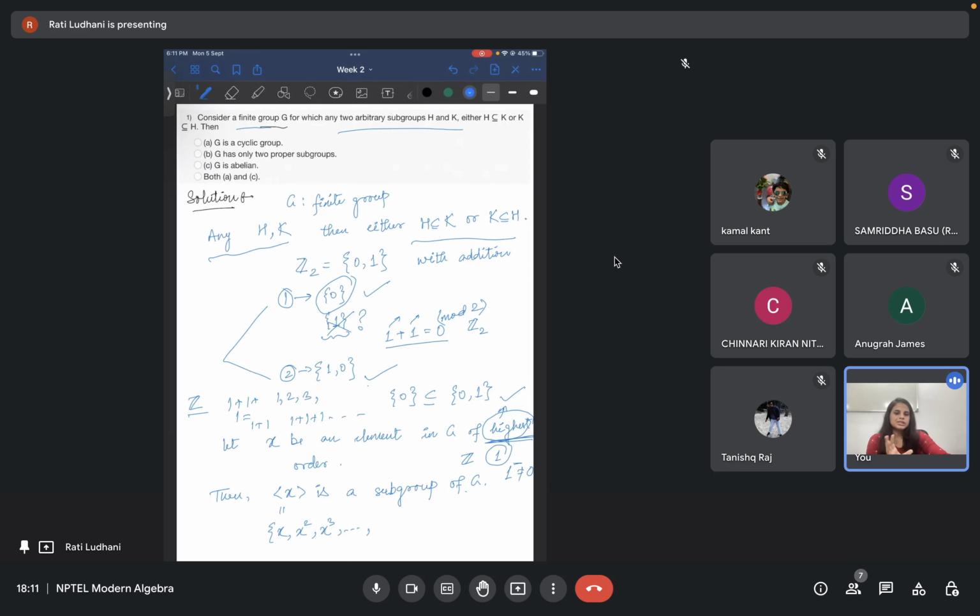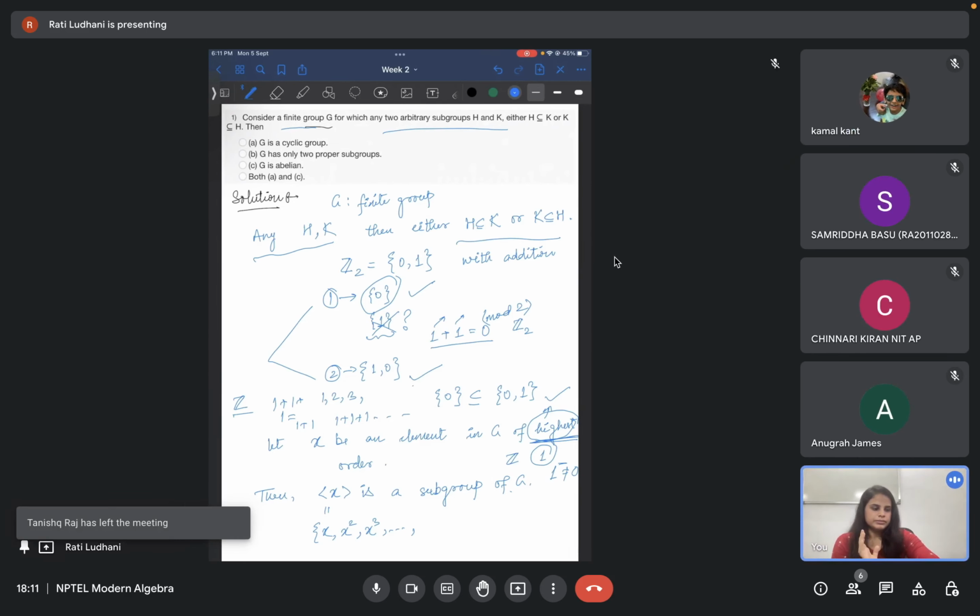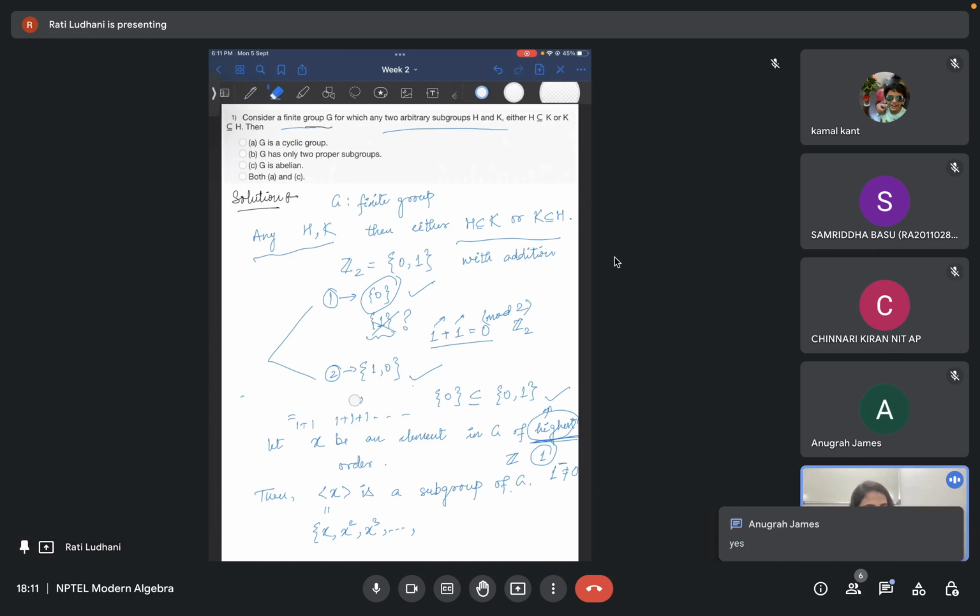The order is some finite value, not going to infinity. There could be a problem in the infinite case, but in my case with the finite group, everything is okay. Do you get it? Yes. Okay, great.